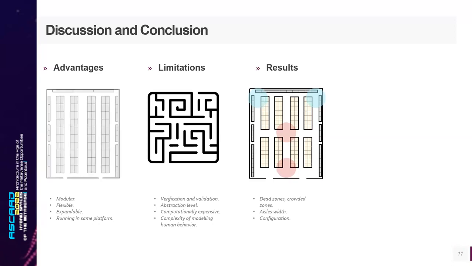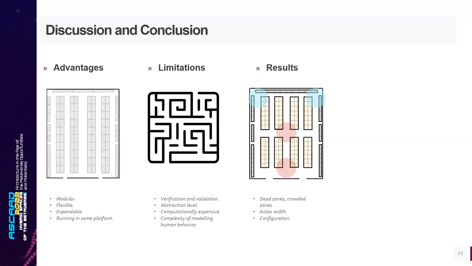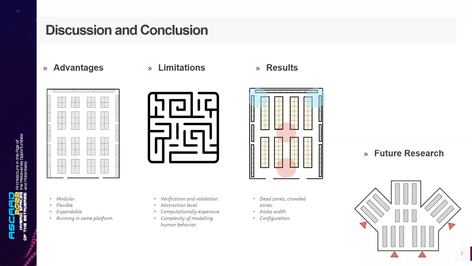These coincide with the literature. Also, we can see that aisle widths and the configuration of the layout have a role in how the footfall of visitors is distributed, which also coincides with the previous literature.